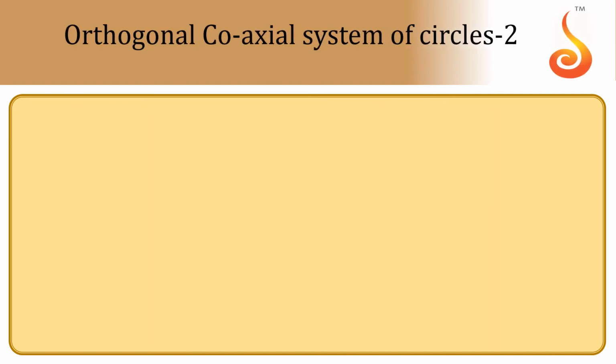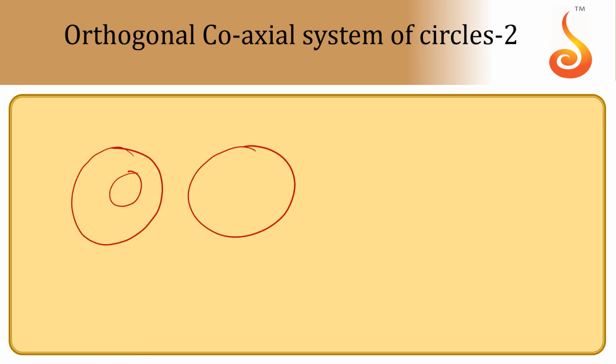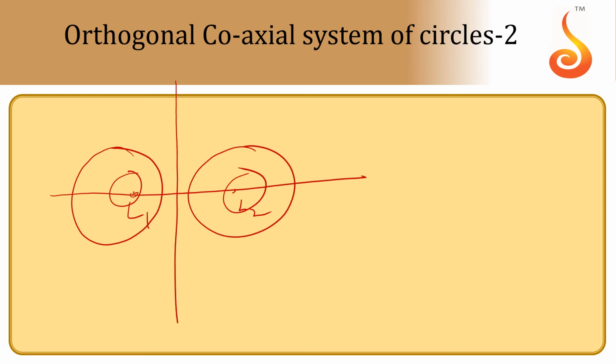If I show you in a figure, suppose the system is non-intersecting, then you know that L1, L2 will be the limiting points. This is the line of centers, this is the radical axis. Then any member passing through the limiting points will be the orthogonal system.